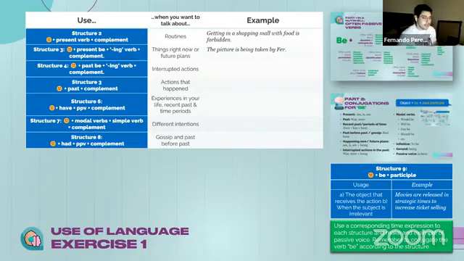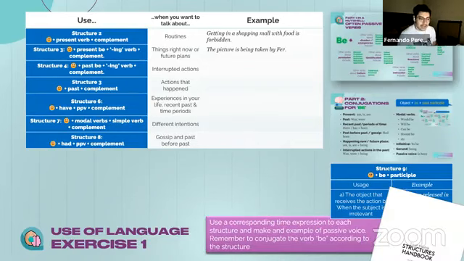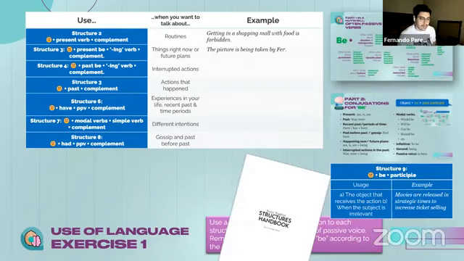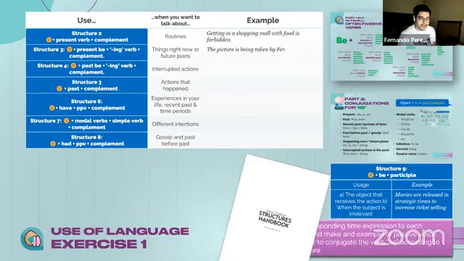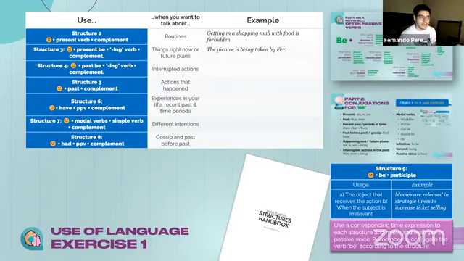Something relevant that we need to take into consideration, guys, is to use a time expression. If you are going to use a verb in ing, try to use a time expression as in the structure handbook. So if you say is being taken by Fer, don't forget to say right now.